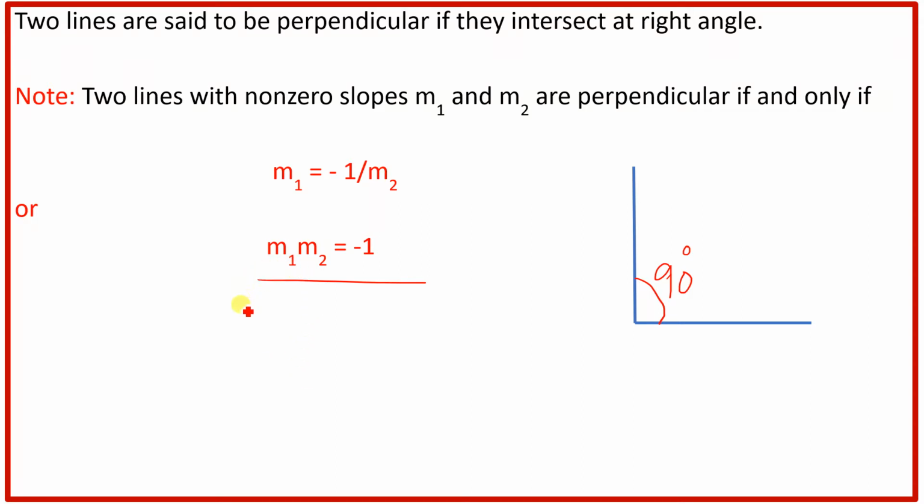It means the slope of the first line, m1, and the slope of the second line, m2, when multiplied give negative 1. Suppose the slope of the first line is 2, the slope of the other line should be negative 1 over 2, because when we multiply it should be equal to negative 1.